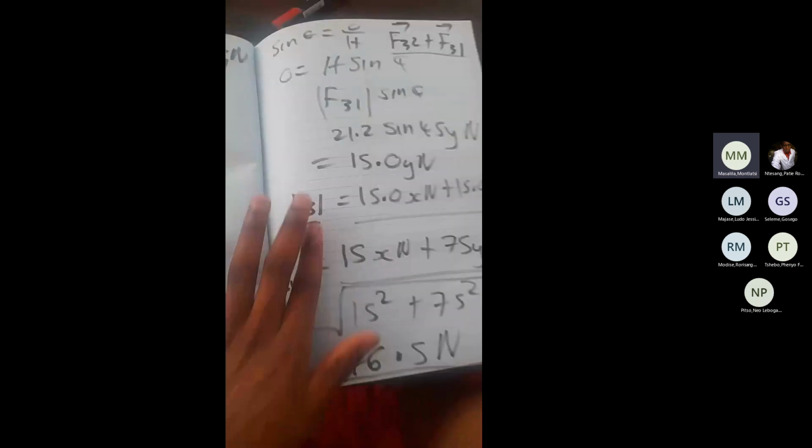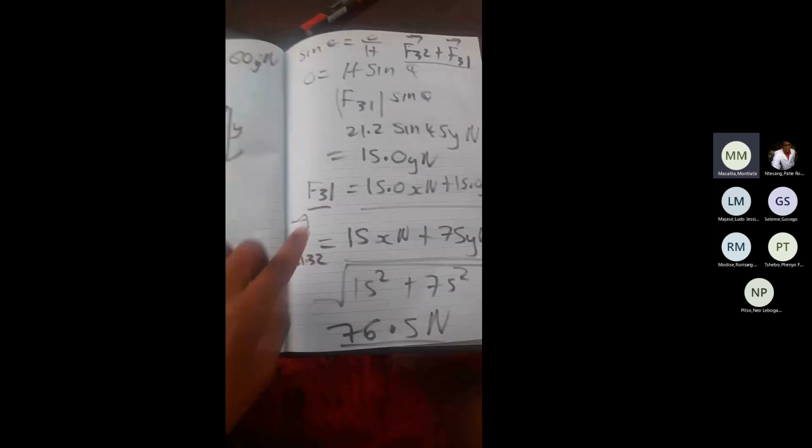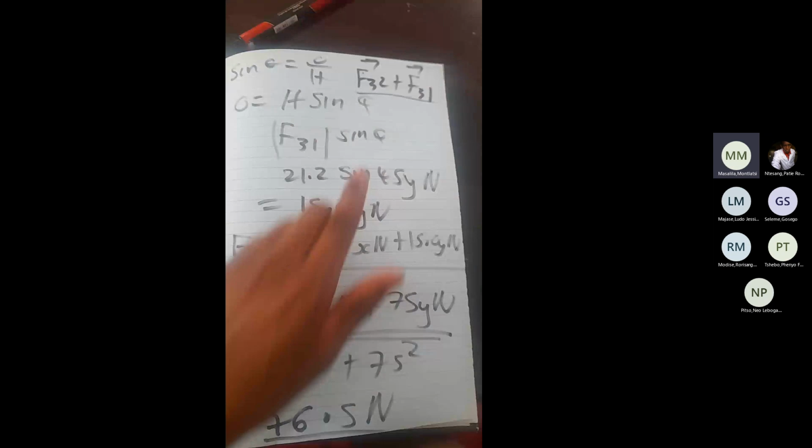After that, I'll add the vectors, vector 3,1 and 3,2. What's our x?